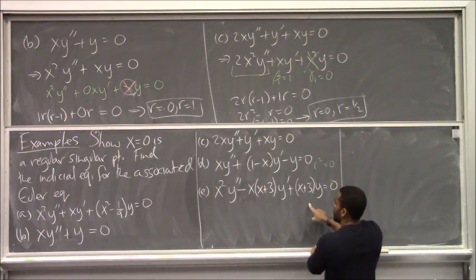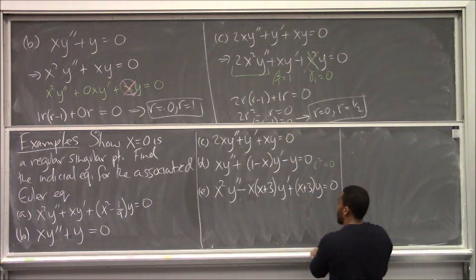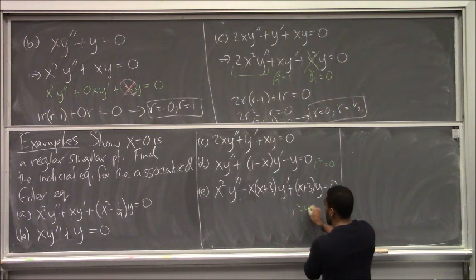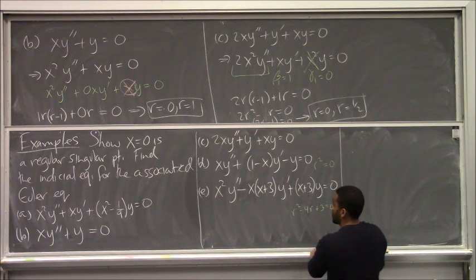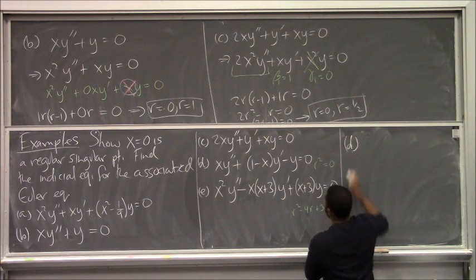What about this one? R squared minus 4r plus 3.